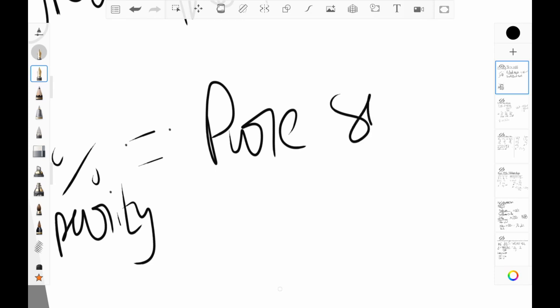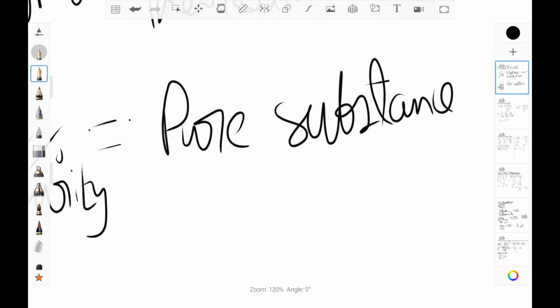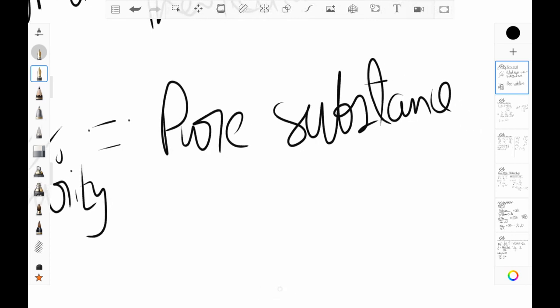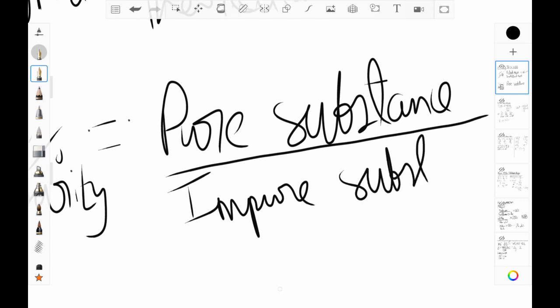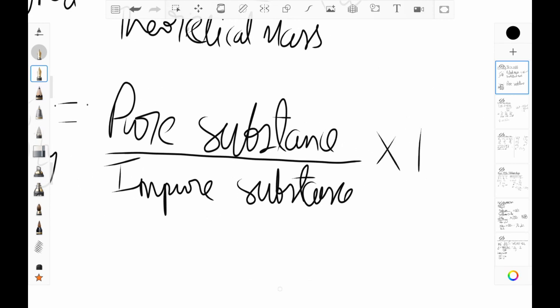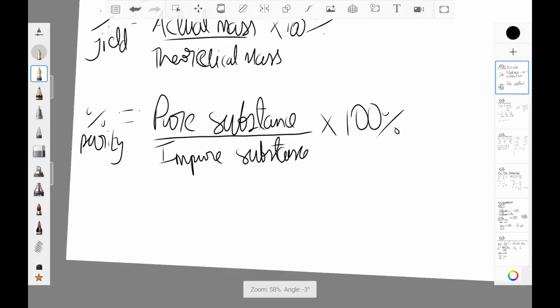This could be the mass of the pure substance, it could be the volume, etc. The main thing is that the units for both your numerator and denominator should be the same. So pure substance over impure substance, times 100%. That's percentage purity.